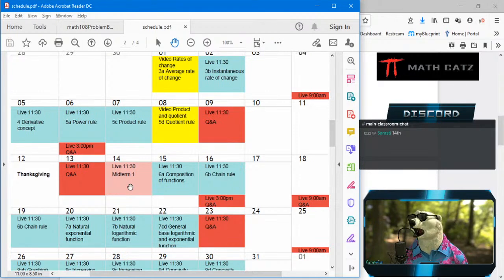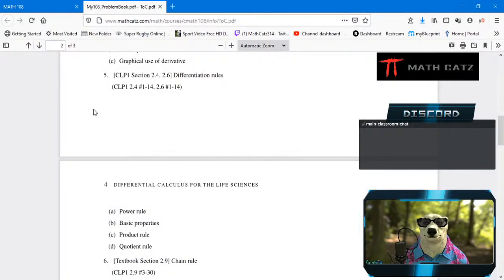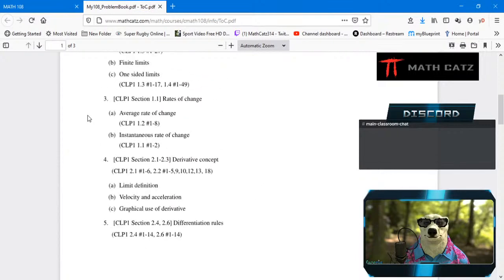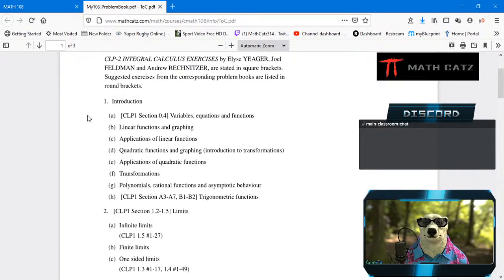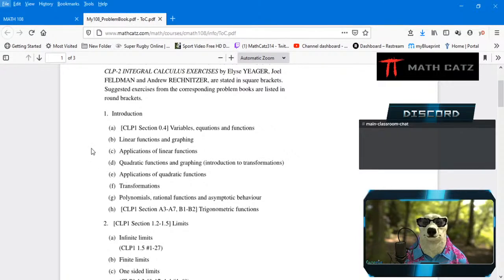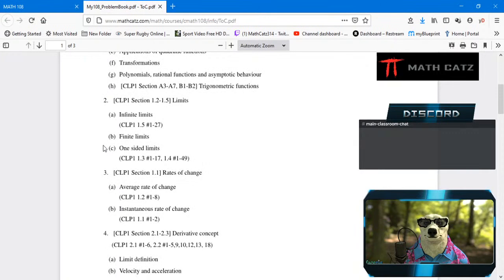The midterm 1 will go up to topic 3. It'll go up to rates of change, up to instantaneous rate of change. So in our problem book, topic 1 on my list is prerequisite pre-calculus stuff, most of it review.